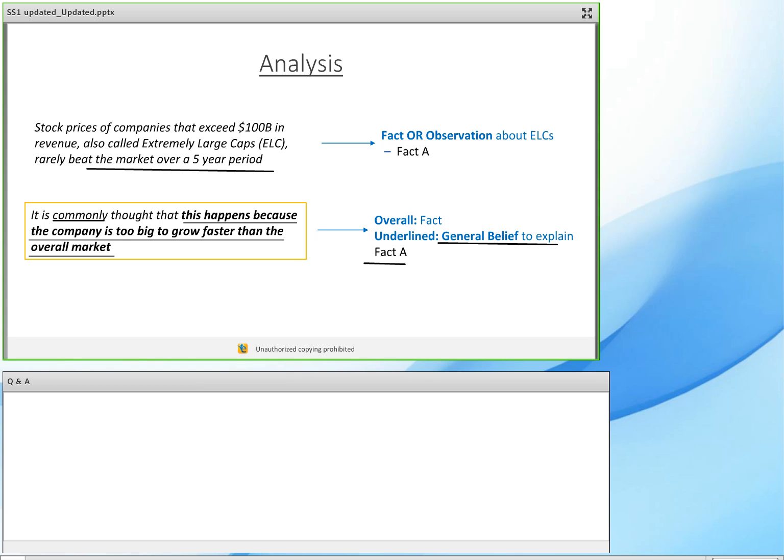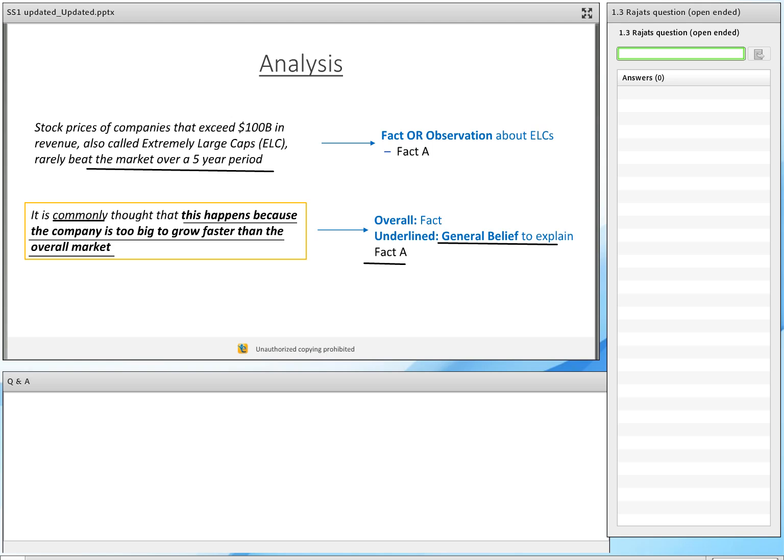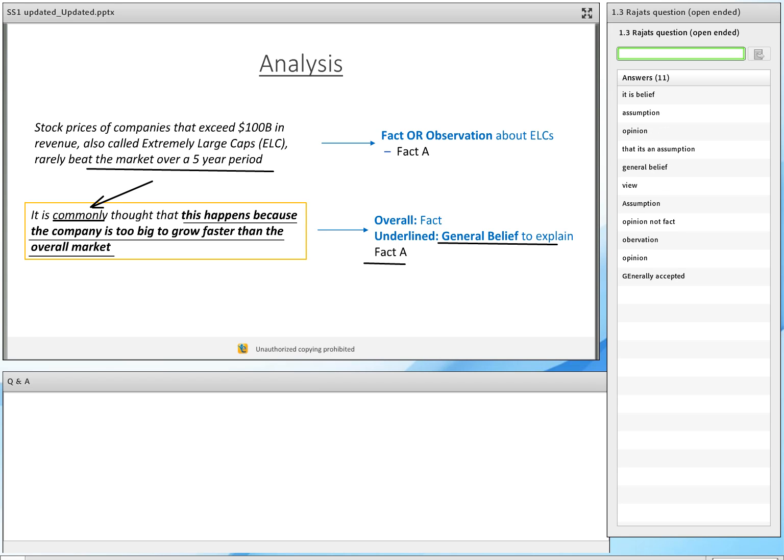Now let me ask this. When you see the words it is commonly thought, what do you infer from this statement? It's an opinion, yes. Whose opinion is it? As some of you said, it's a general belief.